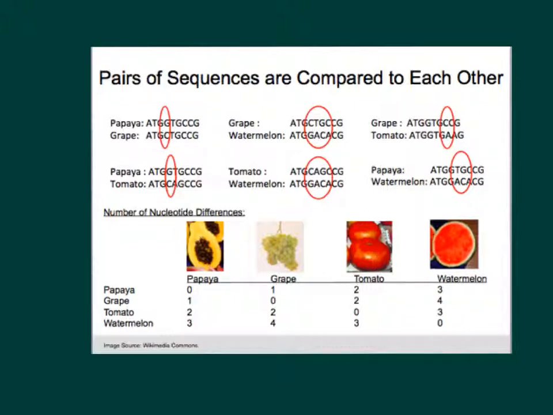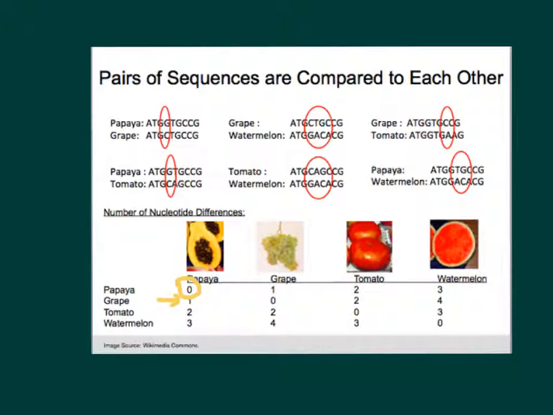In this diagram we're comparing papaya, grape, tomato, and watermelon. So we would have 4 different sequences, where we would have papaya compared to papaya, which you'll see the results of right here, being no differences. Of course, when you compare papaya to papaya, it should be identical. Comparing the grape to papaya, there's 1 difference.